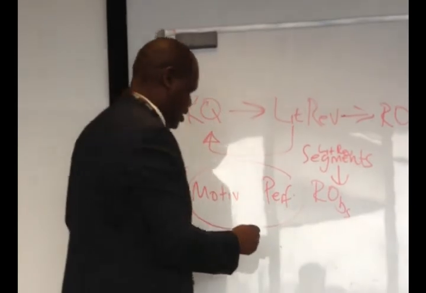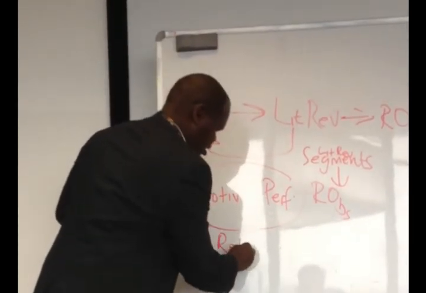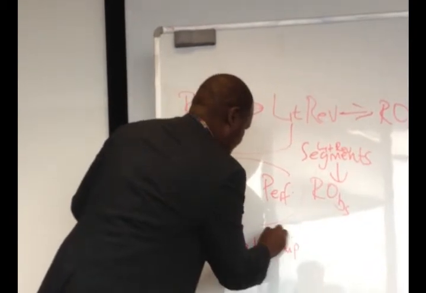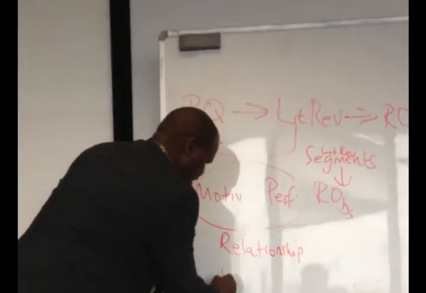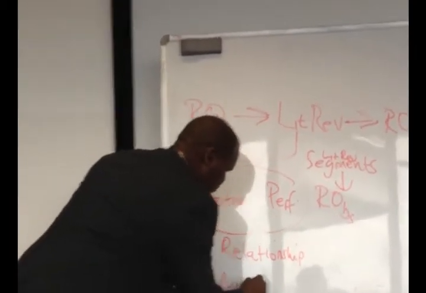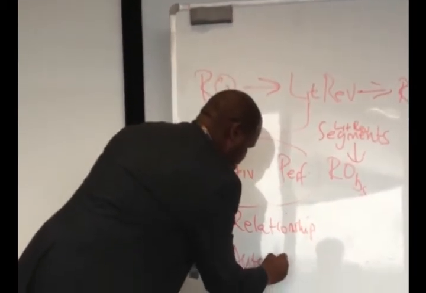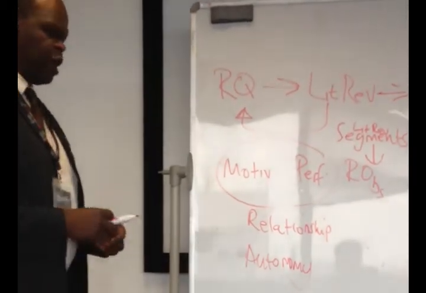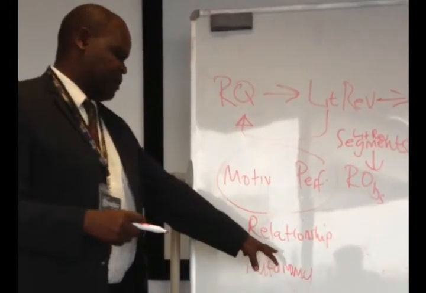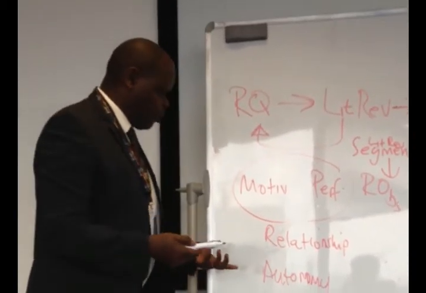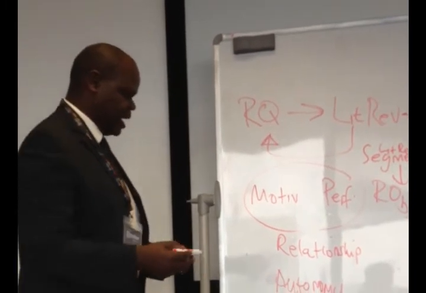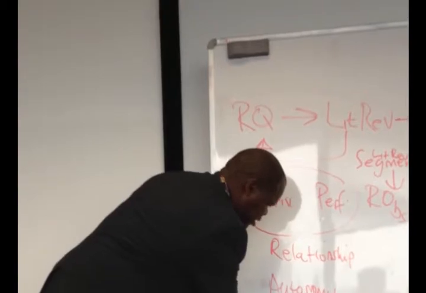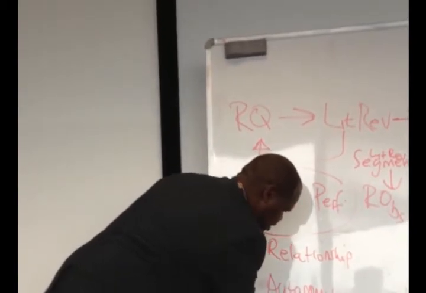One of them might be relationships at work. Yeah? One of them might be autonomy in doing their job. So the decisions they make, the extent to which they make decisions about their work. One of them certainly might be how their work is related to their personal interests.